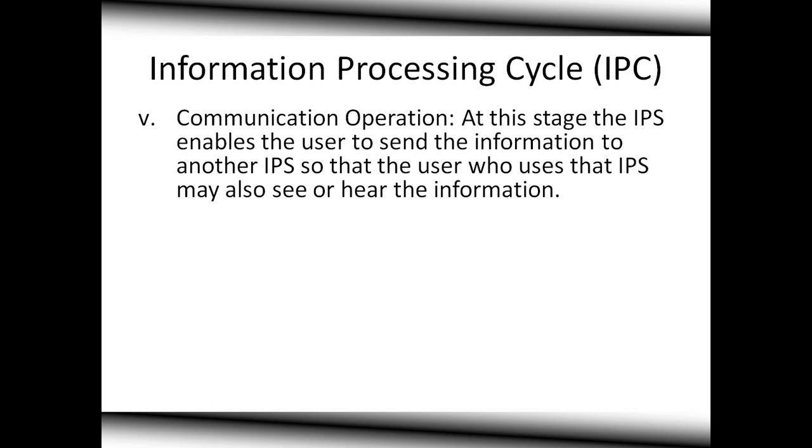Then we come to the communication operation, being our fifth stage of the information processing cycle. Here, now you have access to information produced and stored. If you so desire to pass on the information to other people, then you would need the communication operation.